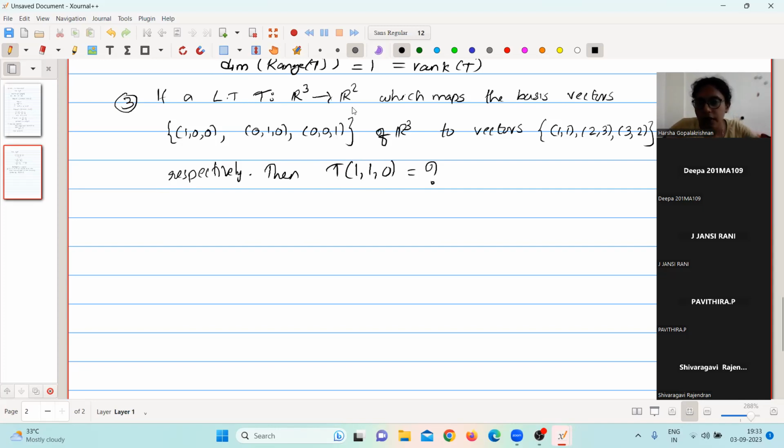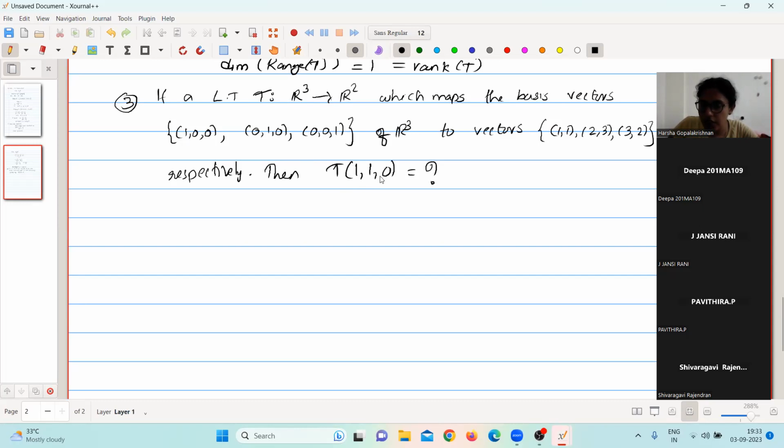Okay. So here we know the value of T at (1,0,0) is (1,1), and the value of T at (0,1,0) is (2,3), and T of (0,0,1) is (3,2). And we need to find T of (1,1,0). So what we will do is, we will write this (1,1,0) as a linear combination of these three.